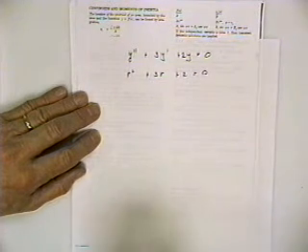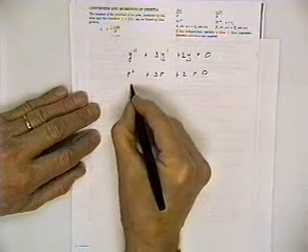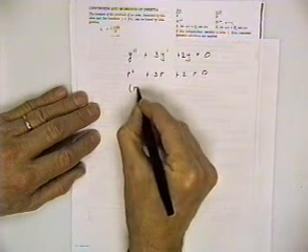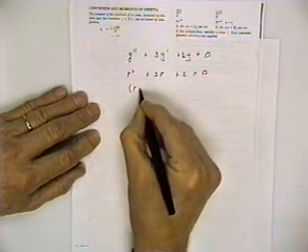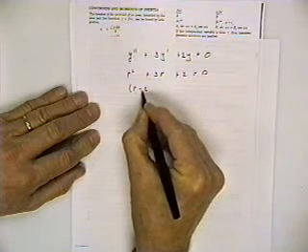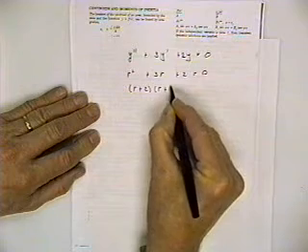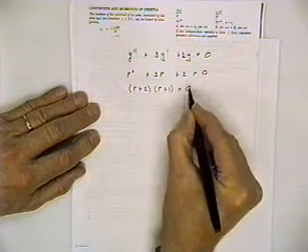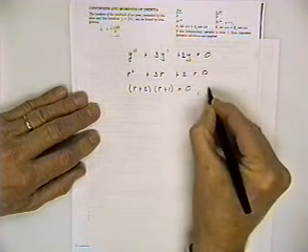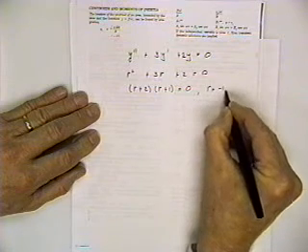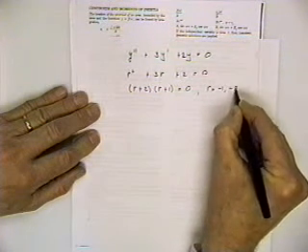Now this is an easy one, and I chose it that way because I want you to see how it works. It factors into r plus 2 times r plus 1 equals 0. And it gives me the results r equals minus 1 and minus 2.